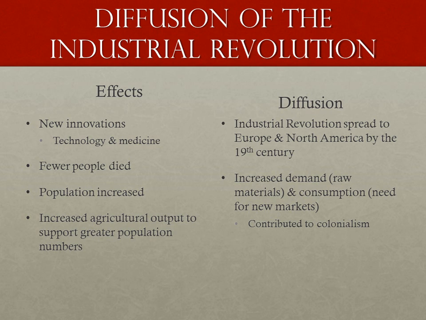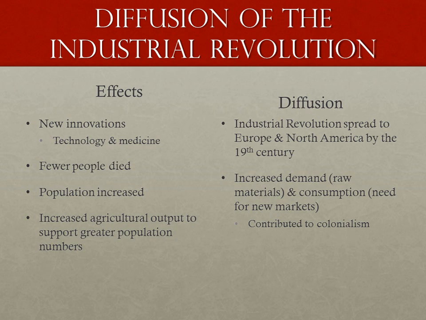And in addition, we saw an increase in consumption because now, as you produce more goods, that's going to drive the price down. And we'll get into a discussion of supply and demand and what that does to equilibrium as far as the price is concerned. But when you flood the market with something, it's going to drive the price down.